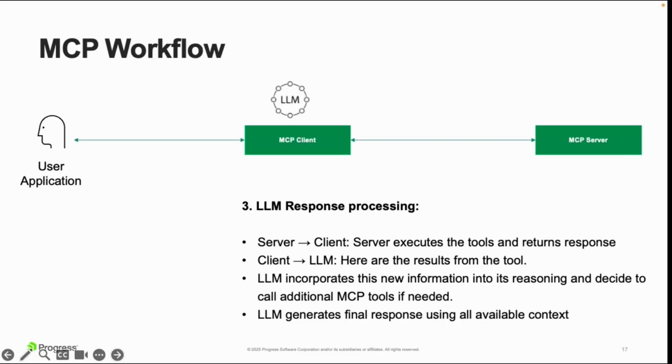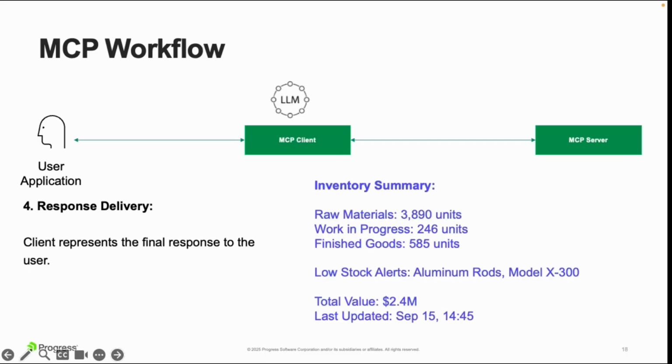And it'll keep on going until it gets the right response. Once it thinks that it has rephrased and summarized the response, the LLM will generate the response to the client, and the client will send the response back to the user. That's it. That's basically it.